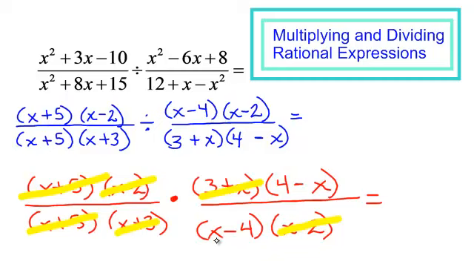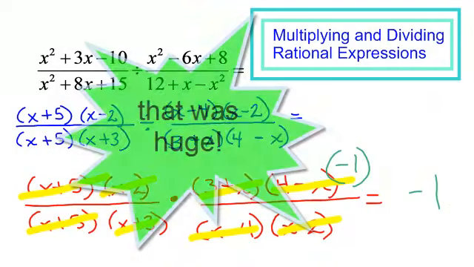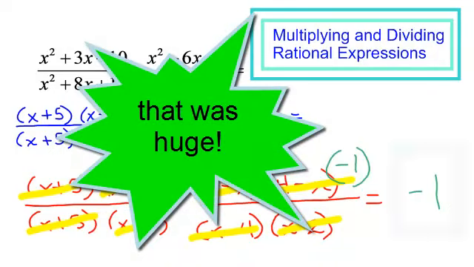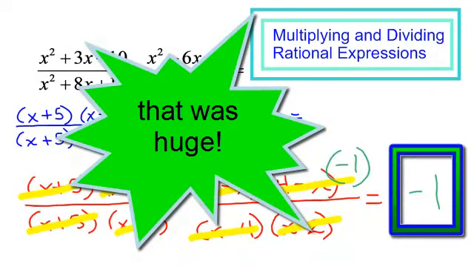What does that mean? That means that they will almost cancel. I can cancel them, but I have to make sure that I know they don't cancel out completely. I would have a negative 1, not just 1. What's the answer? It looks like I only have a negative 1. Wow, that was a huge problem to end up with simply a negative 1.